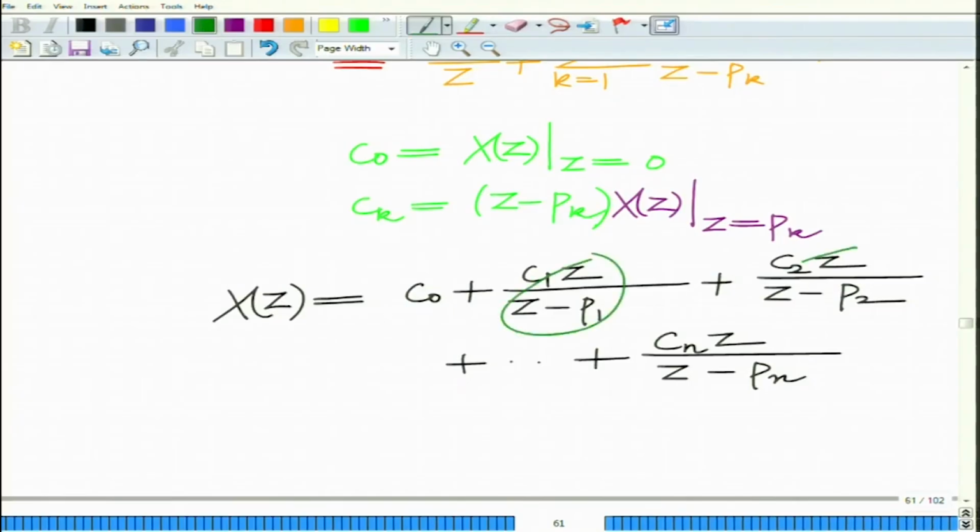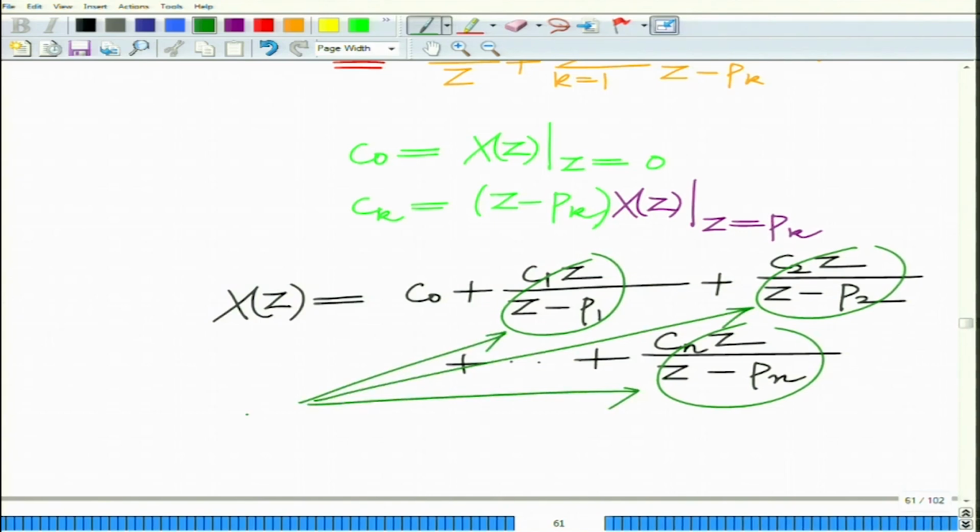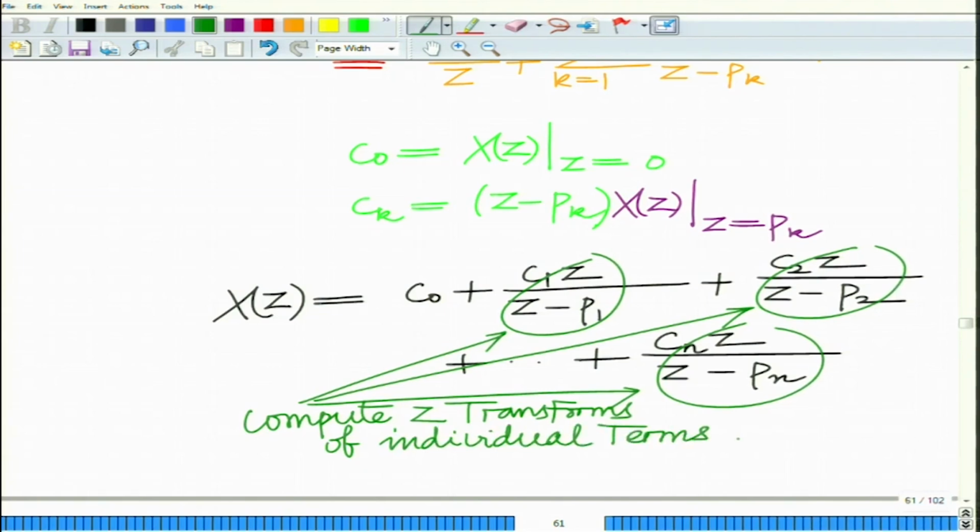So we compute the z transforms of the individual terms and then form their sum. That gives us the inverse z transform.